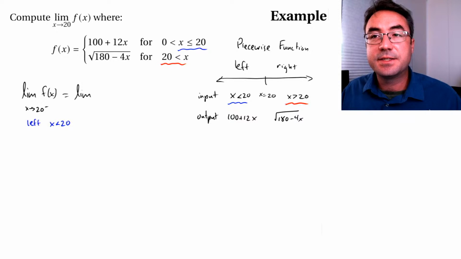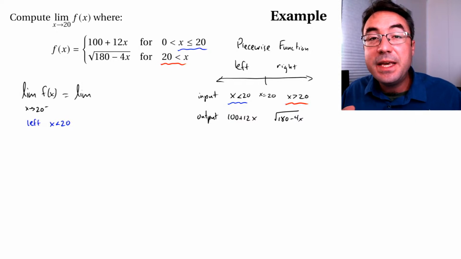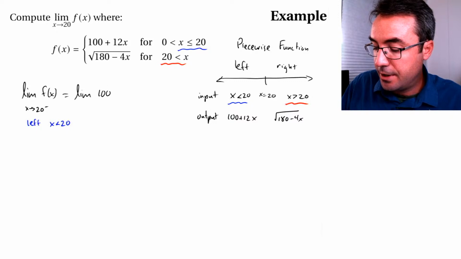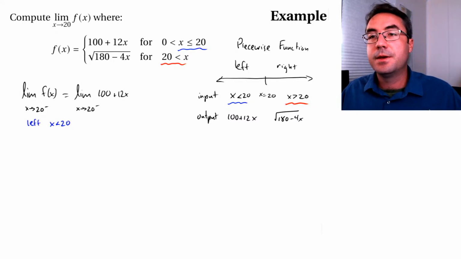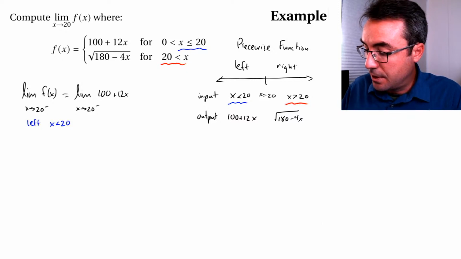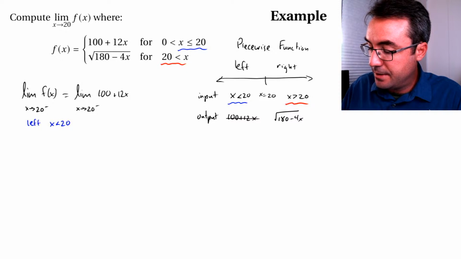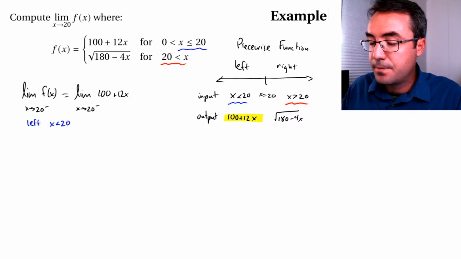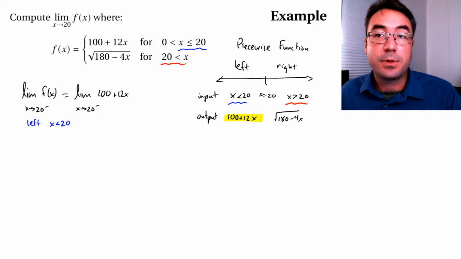So when x is less than 20, the piece of our function that we use is the 100 plus 12x, and that's what we saw right here.